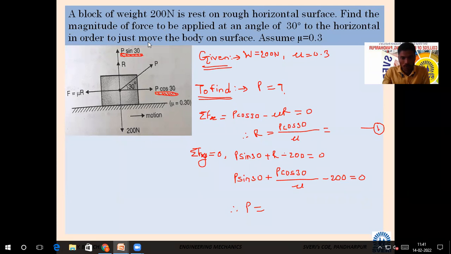Are you solving or are you not going to solve? Vishwajit Gaikwad 20. 173. Yes, sir. 173.